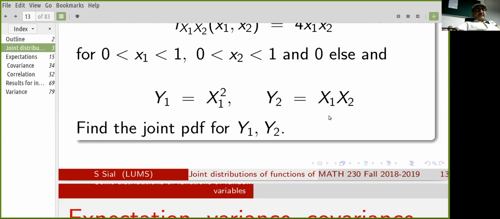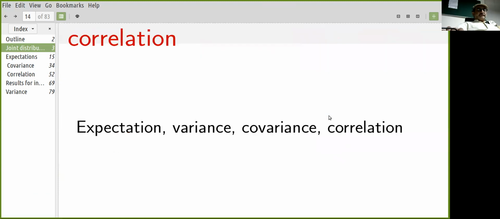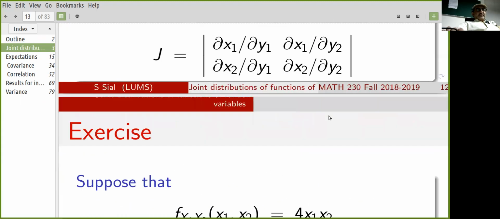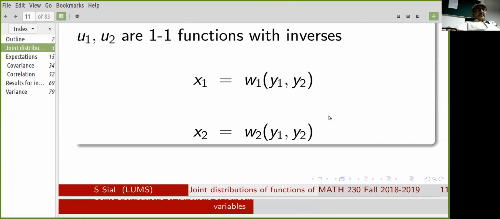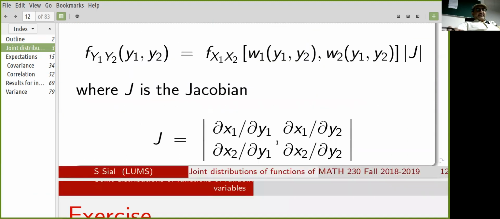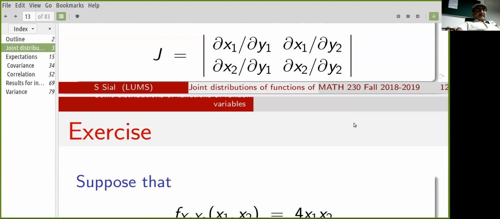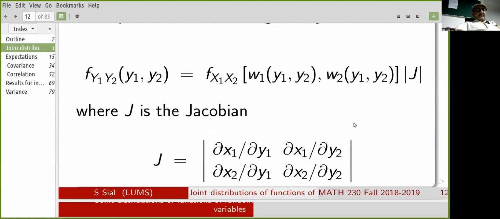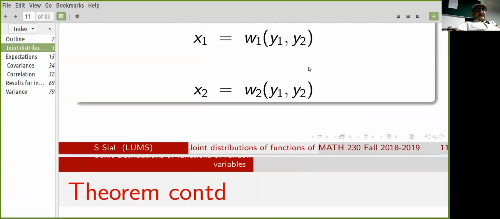Then how do you find the joint PDF for y1 and y2? Well, you do it this way. You find these inverses, right? And then you find the Jacobian using these inverses.